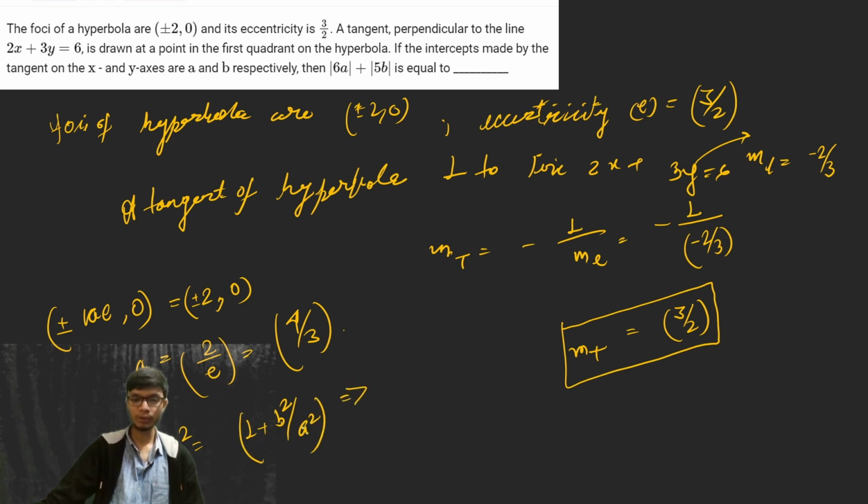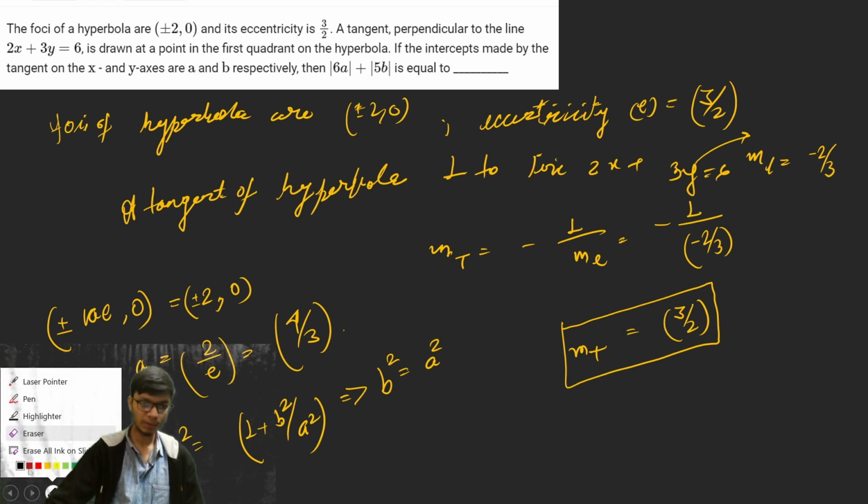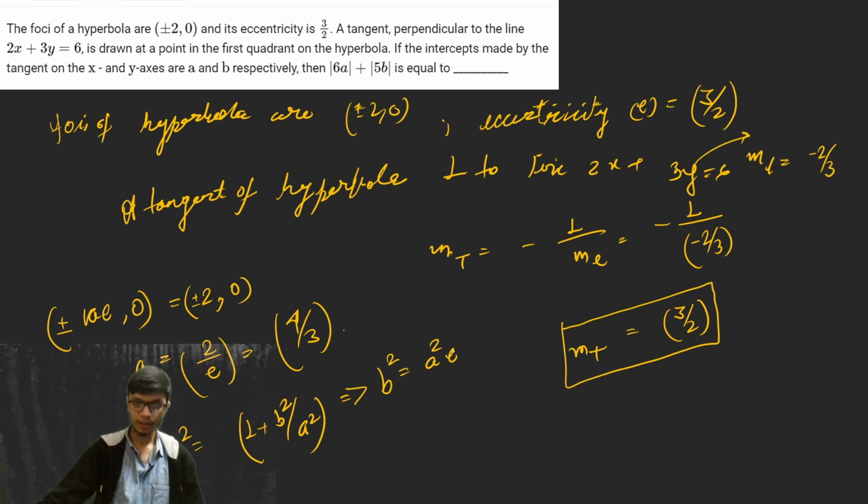If I put the value of a and e, I will get the b square value as a square e square minus a square. Putting the values, b square is 16 by 9 into 9 by 4 minus 16 by 9.